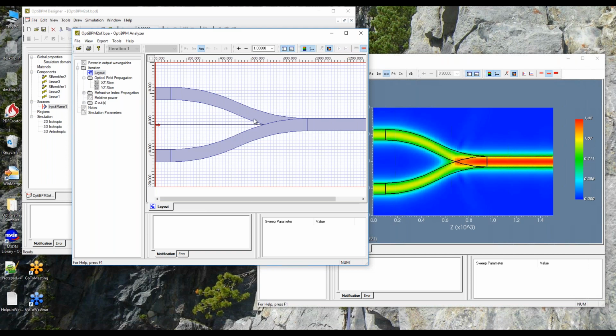Surely if I change things somehow, I must be able to make it so that it's lossless in both cases. Well, that's not the case. And it's actually fairly easy to prove this with a simple theoretical analysis. And I'm going to show that to you now.